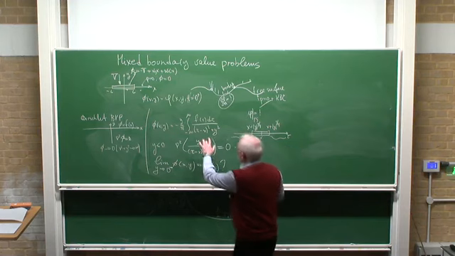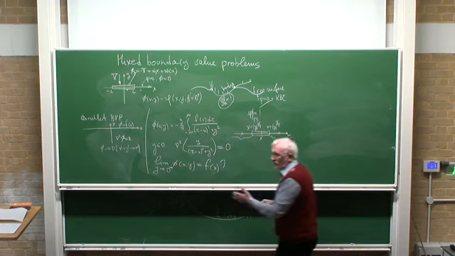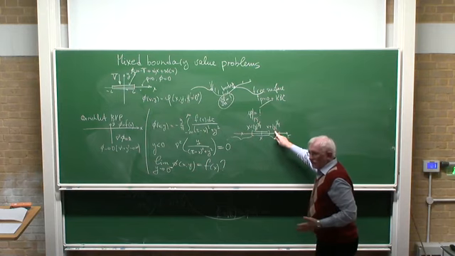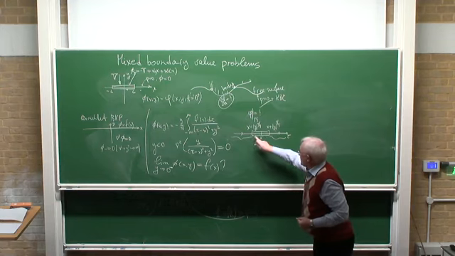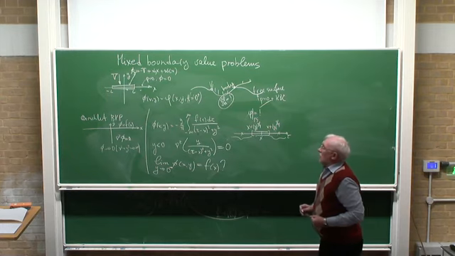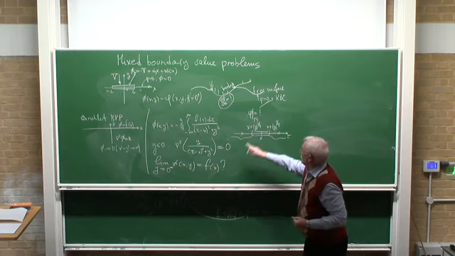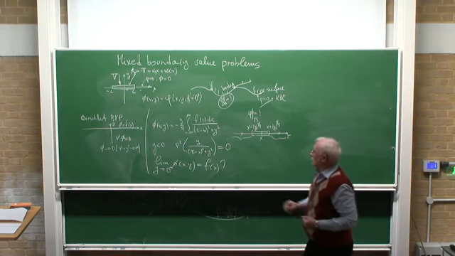Because the 2 minus x in this interval and in that interval is bigger than this modulus 1, the limit is reduced to this integral.